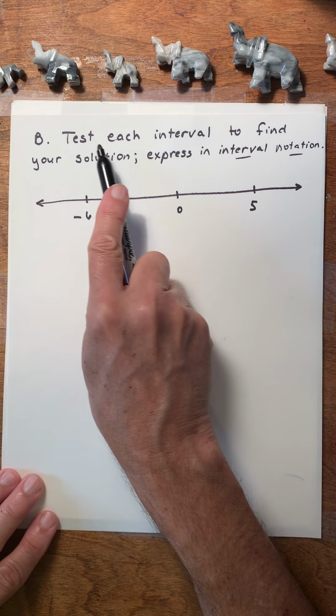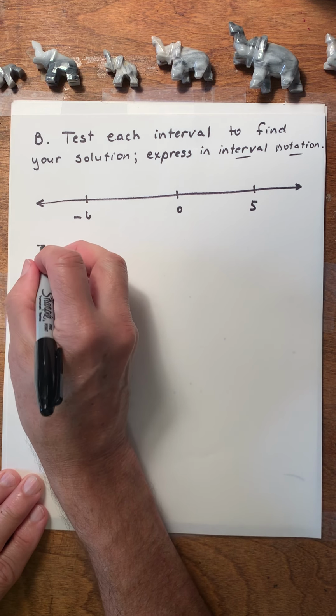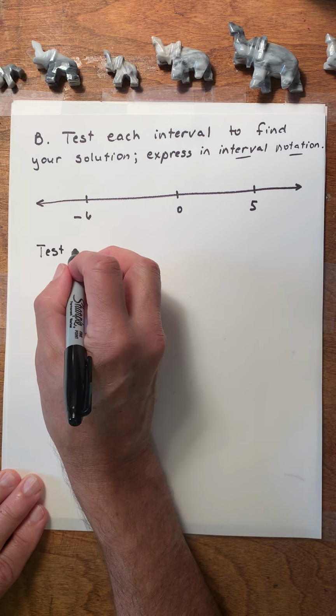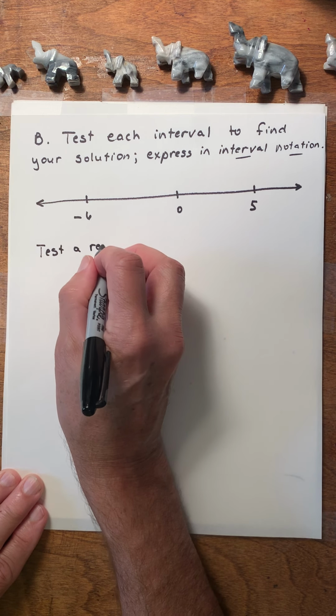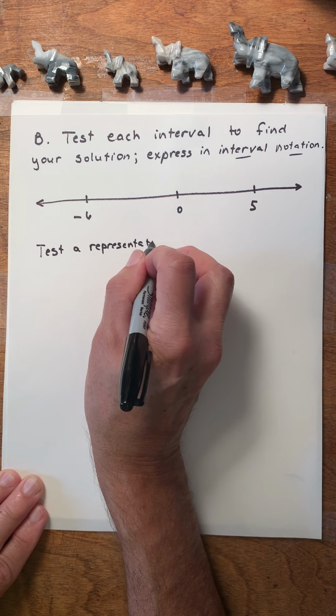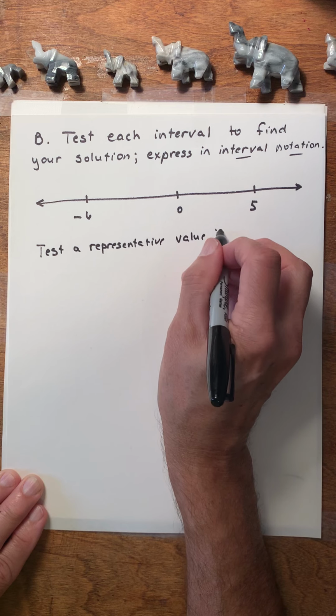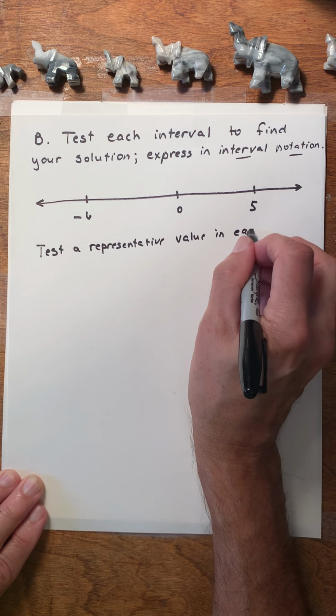I'm going to test each interval. How do I do that? Test a representative value in each interval.